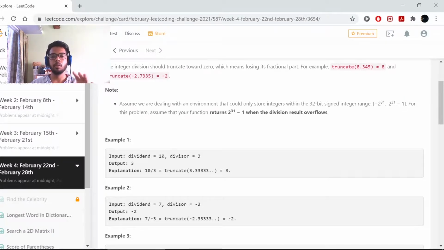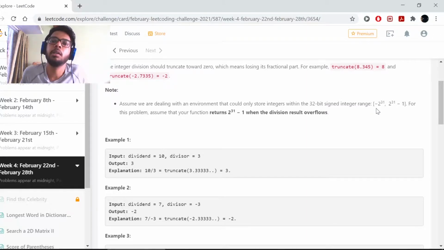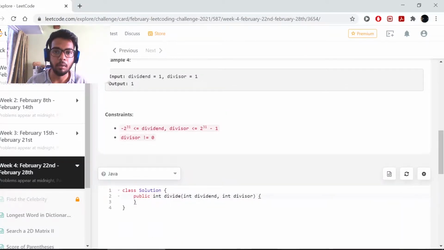Let's first think of this condition when we need to divide two numbers. When will it occur that we won't be able to store it in a 32-bit range if we are given numbers within it?